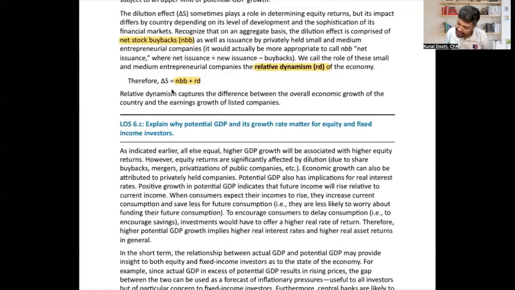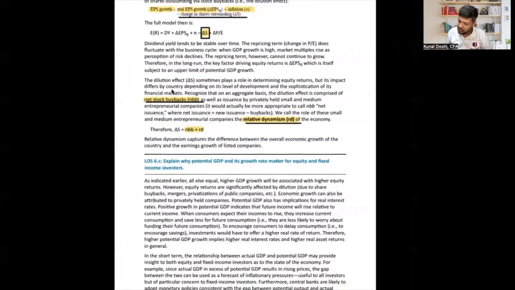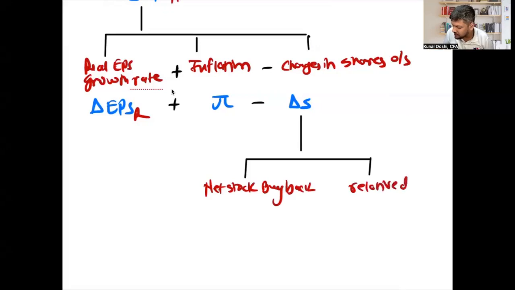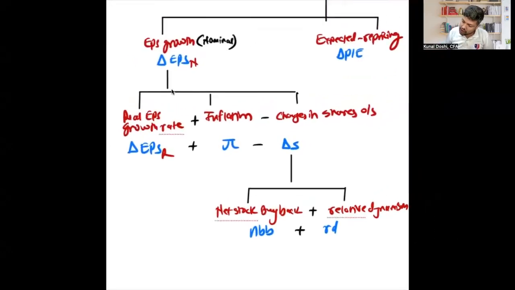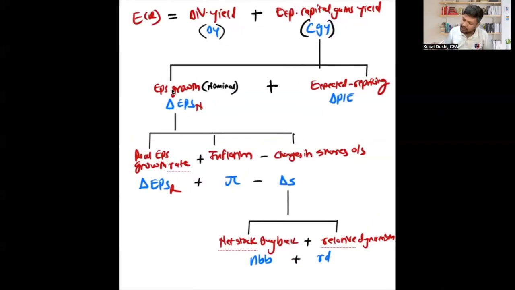First, I will write down net stock buyback, and we use a term called relative dynamism. Now this is NBB and relative dynamism. Between both, we add it. So now check one by one all the components.